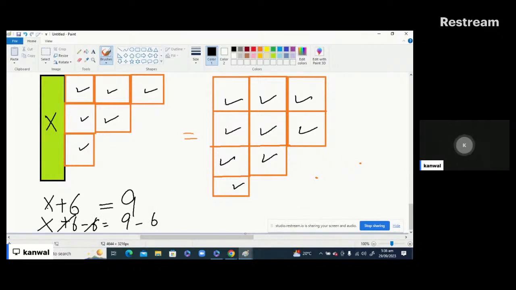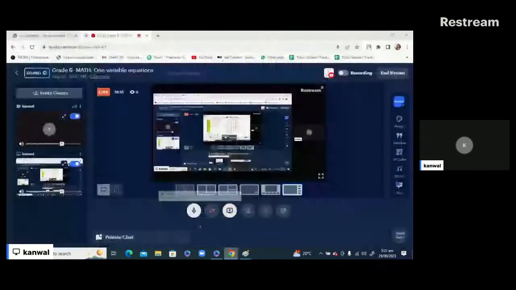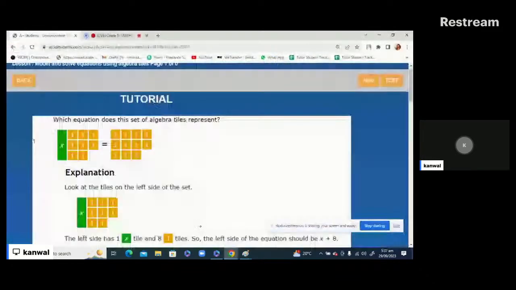That should be cancelled. And what's the value of x? 9 minus 6 is 3. So it means that these x tiles are 3. 1, 2, and 3. Got it? Hope you clear this thing.